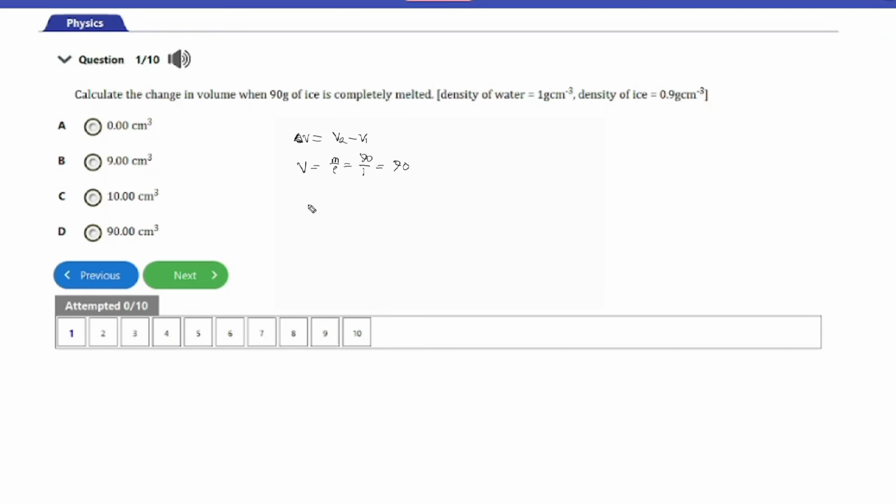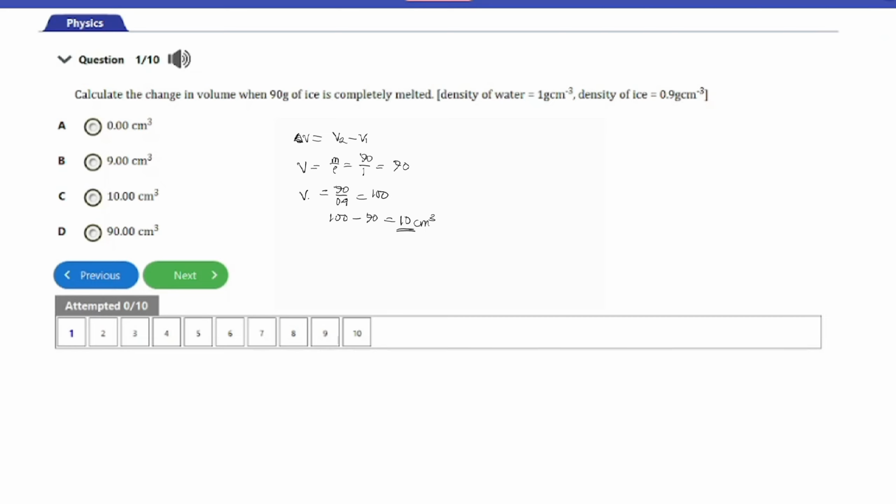That will be the volume of water. Then for the volume of ice, that will be 90 over 0.9, so that would be 100 cm cube. When we do 100 minus 90, we're going to have 10 cm cube, and that's option C. So the answer to this question is option C.